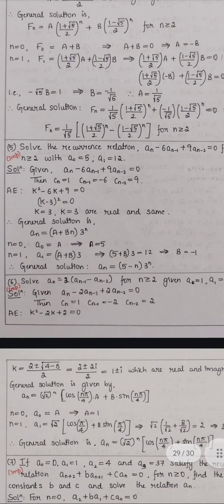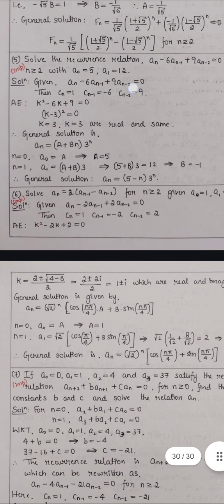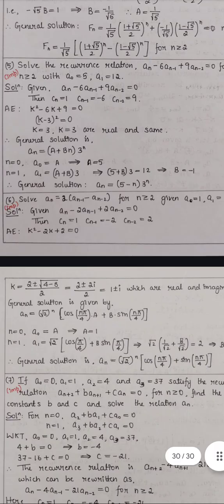Then solve the recurrence relation a_n minus 6 a_{n-1} plus 9 a_{n-2} equals 0 for n greater than or equal to 2 with a0 equals to 5, a1 equals to 12. Given that, c_n equals to 1, c_{n-1} equals to minus 6, c_{n-2} equals to 9.